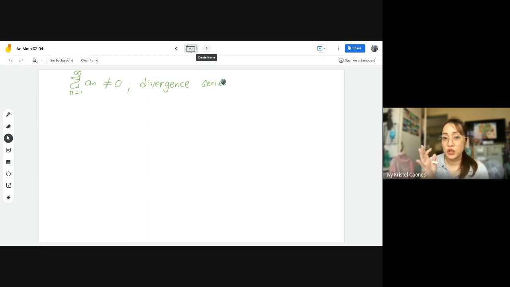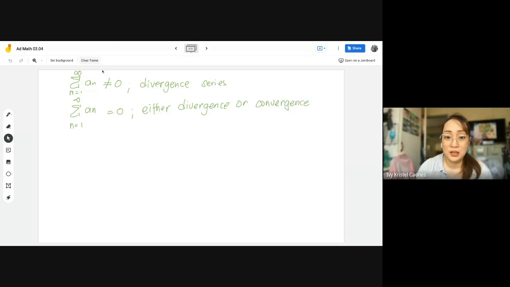And if your summation of your sequences is 0, pag 0 naman siya, it is either divergence or convergence. So this is what we call the divergence test.